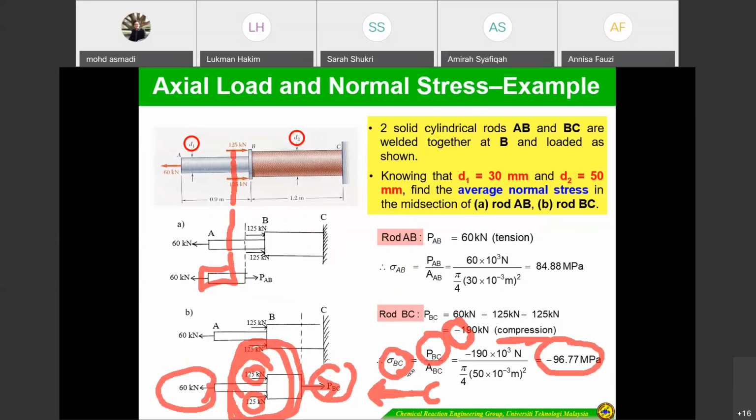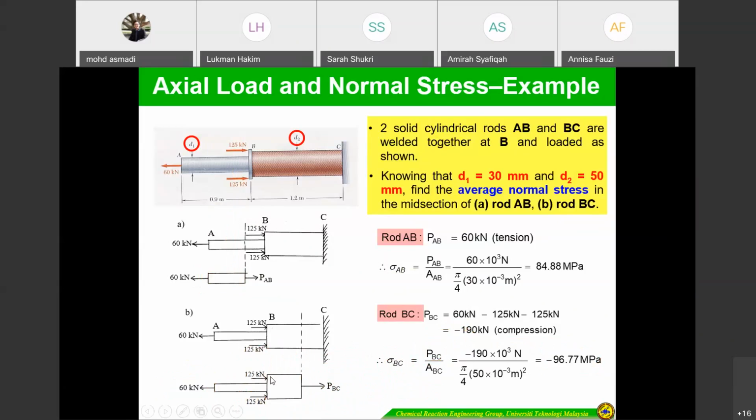So you have to remember that. It's just based on your sense. Even from here you can already imagine that P_BC should be in this direction, but any direction you can guess first, and then you just correct it or make a statement here that it is a compression.